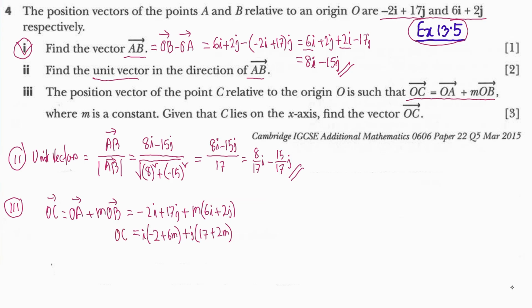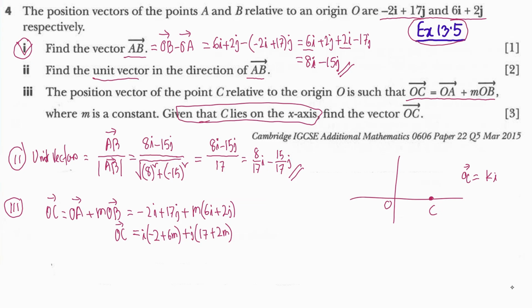This is the OC. One important thing is written here: C lies on the x-axis. What does it mean? If I draw a diagram on the right side, say C is here, O is here, so OC definitely has no j component, only the i component remains. So OC would be some constant times i. We don't know the value of the constant.